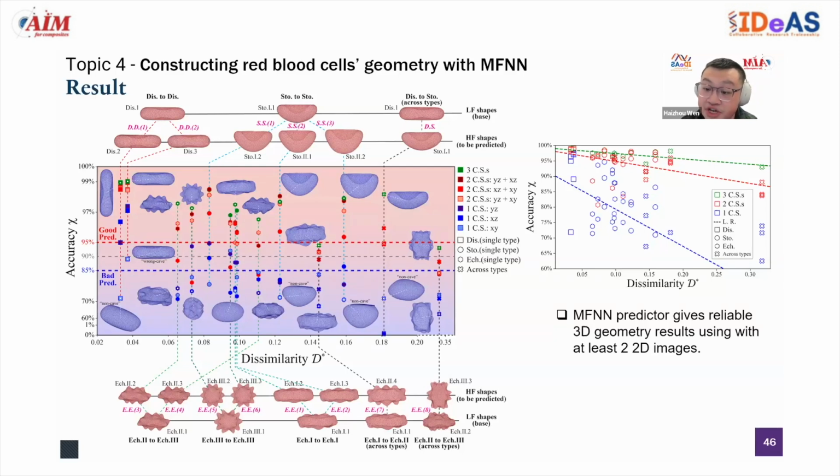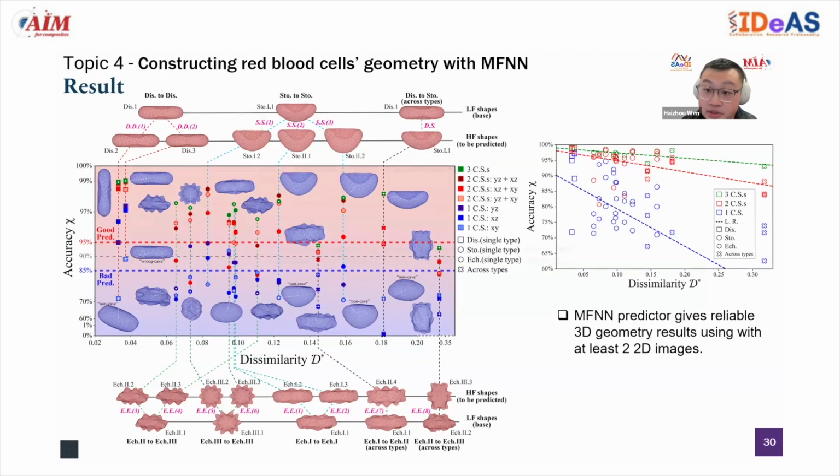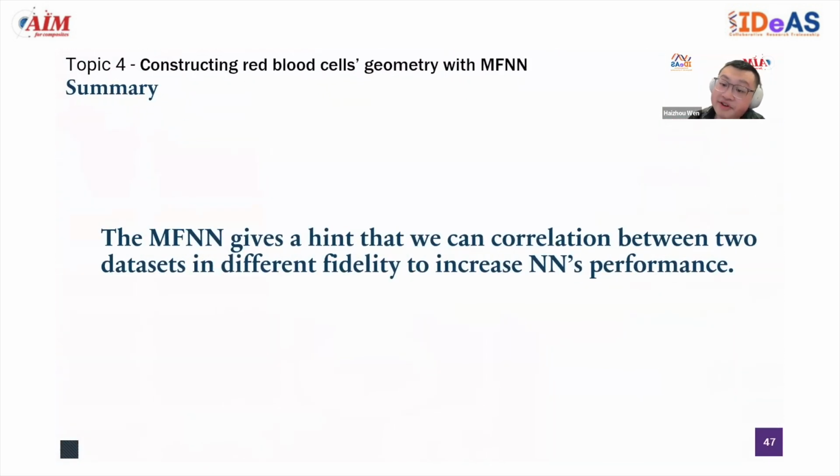So we use a reference shape in the same category as the target shape to reduce the initial dissimilarity. Following this principle, MFNN prediction with at least two cross-sectional data gives a very good prediction. The overall average accuracy is around 95%. MFNN already gave us another hint that we can utilize the correlation among correlated datasets to refine our surrogate NN model.